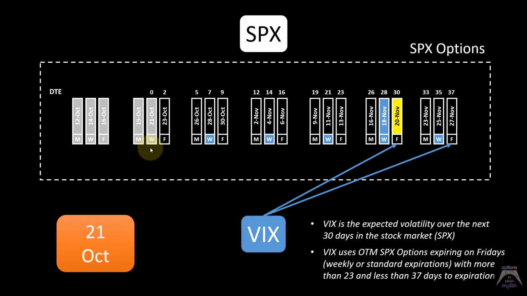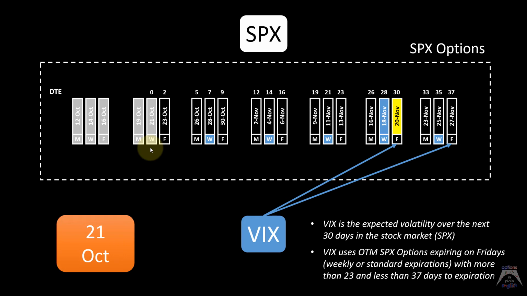And remember, ETFs and ETNs use the standard expirations for futures exclusively. They don't use weeklies at all. So that's why the best liquidity and most of the volume is concentrated there. So that's why standard expirations are important.